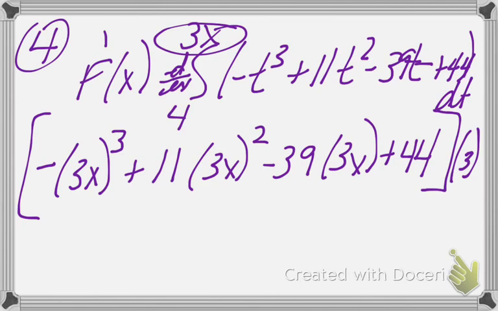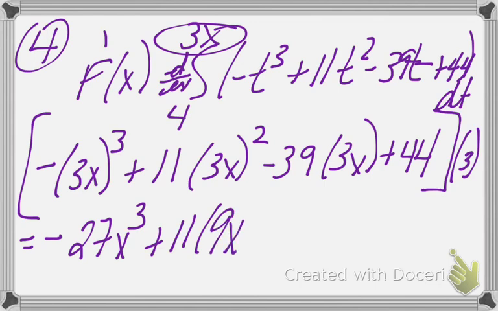Okay, so if we clean this up a little bit, we're going to get a negative. 3 to the third power is going to be 27. Okay, plus 11 times 9x squared. We don't want to make any silly mistakes.